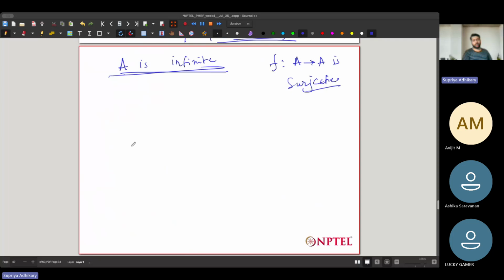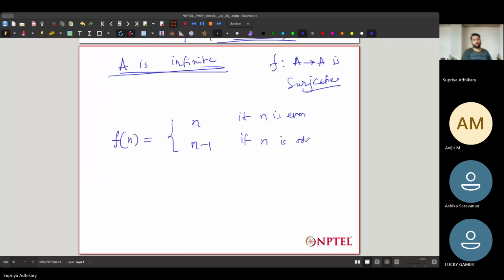So consider this one. Consider f of n equals n if n is even, and n minus 1 if n is odd. Okay, no, this is not a surjective map at all.